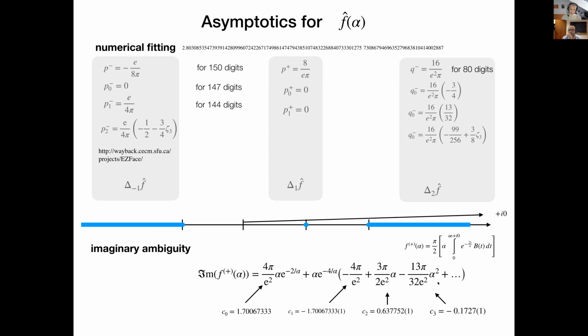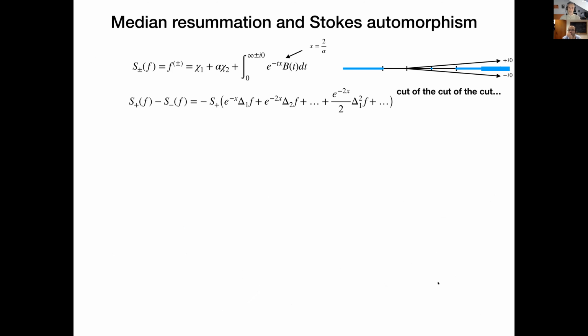But what about the real ambiguity? We would like to understand these D coefficients. In order to understand this D coefficient, we did this integral after the conformal mapping, and we integrated a bit above.